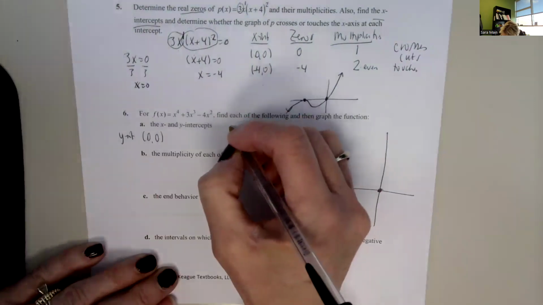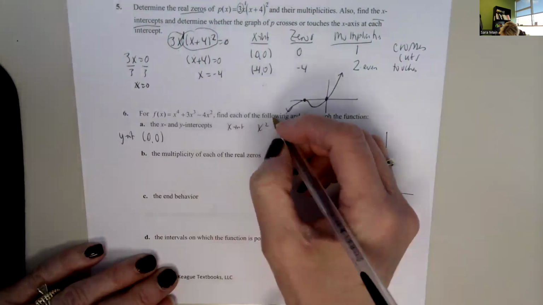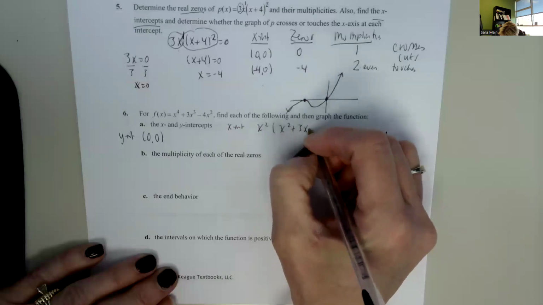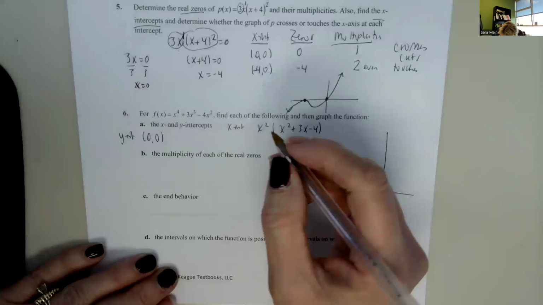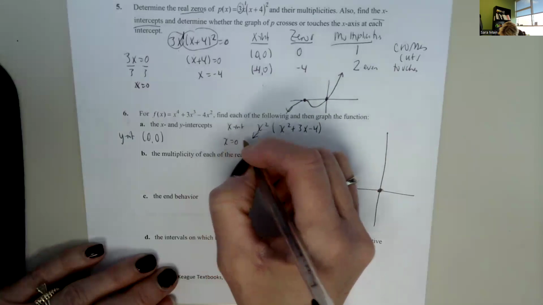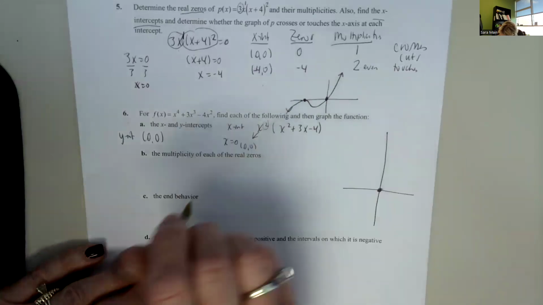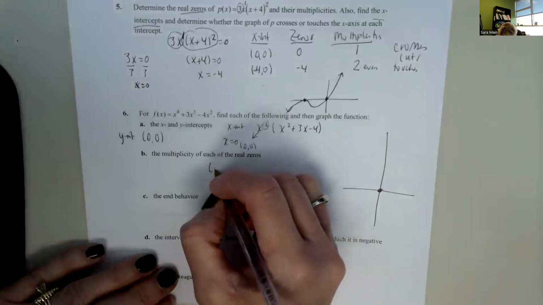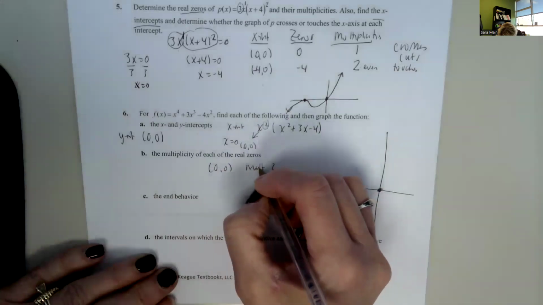Then for my x-intercepts, I can factor out an x squared, and I'm left with x squared plus 3x minus 4, it looks like. That's going to be a zero at x equals 0, and it's even, so it's going to touch. That is a multiplicity of 2.